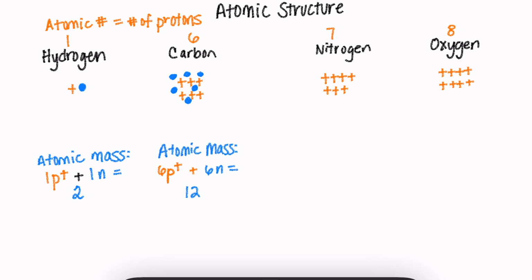Now let's try nitrogen. Nitrogen will typically also have the same number of neutrons as protons. Doesn't have to. We'll talk about later that if the neutron number varies, you have what's called an isotope. There's 7. So we go 7 protons plus 7 neutrons, and we come up with a mass of 14 for nitrogen.